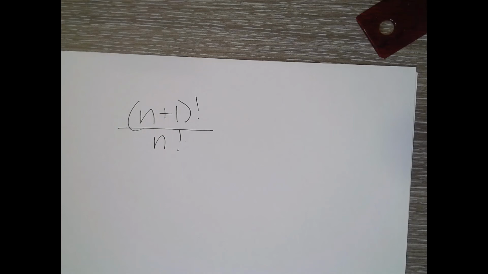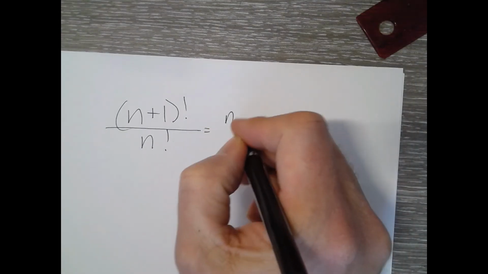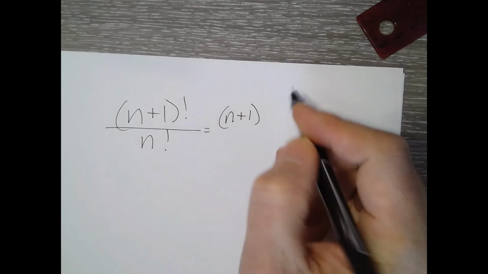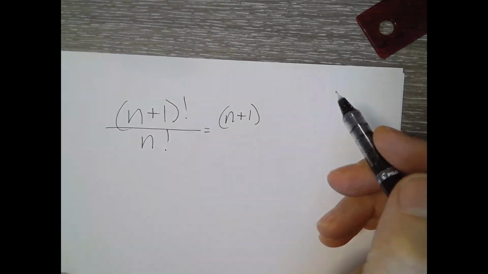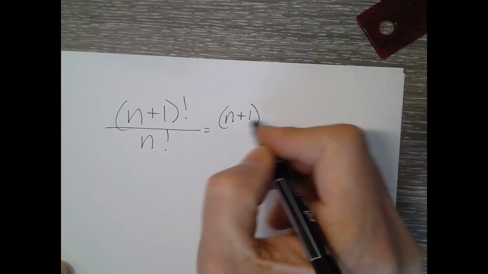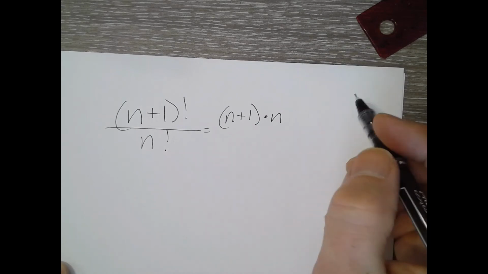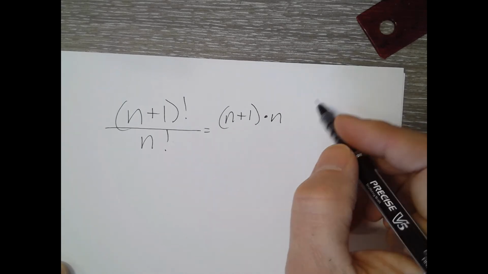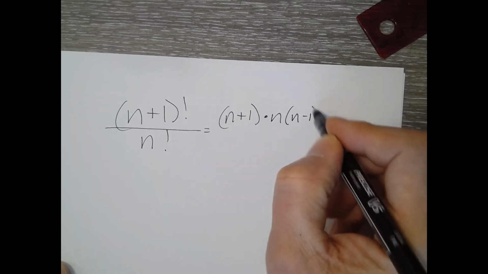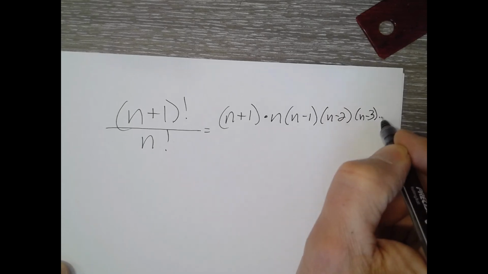All right, so what does n plus 1 factorial look like? Well, it starts by multiplying n plus 1 times one number less than that. What's 1 less than n plus 1? N. Very good. And then times 1 less than that. What's 1 less than n? N minus 1, n minus 2, n minus 3, all the way down to 1 eventually.